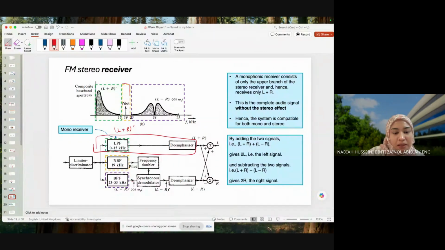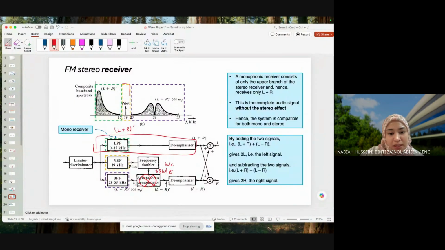Okay, and then it is passed through a synchronous demodulator, which is again a mixer as well. And then our narrow band pass filter is 19 kilohertz, extract the pilot signal, goes through a frequency doubler again. Therefore, this is 38 kilohertz once again, or omega c.